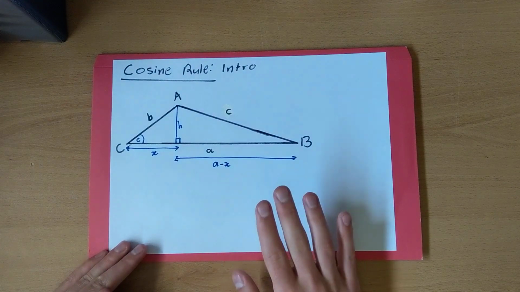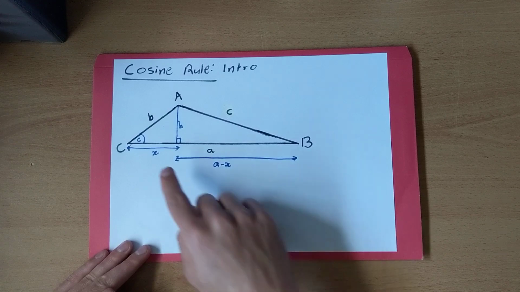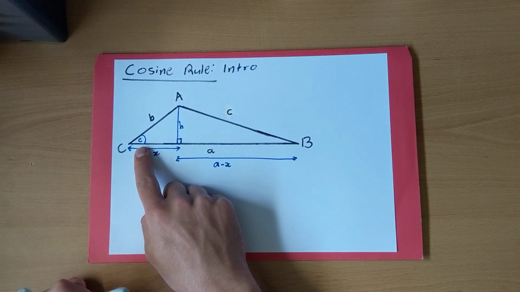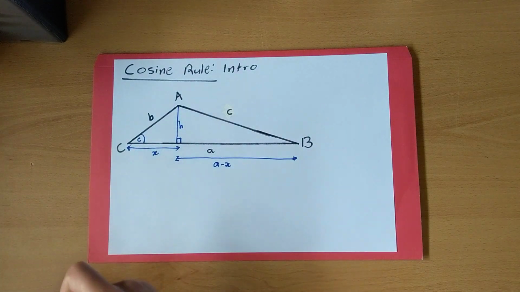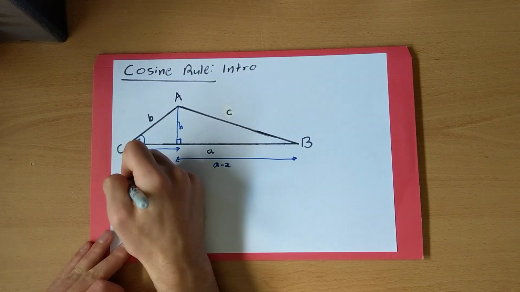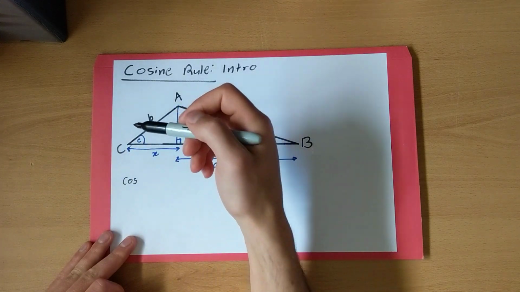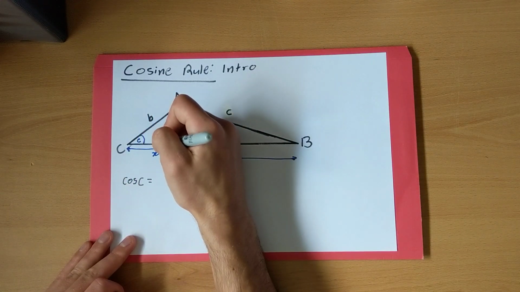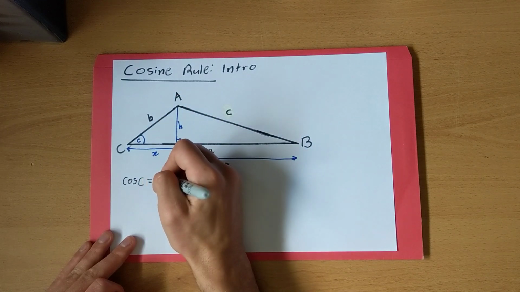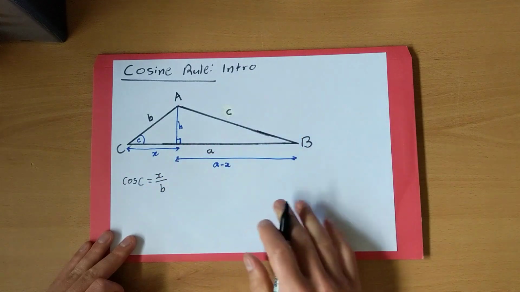We're going to use two tools as we develop this rule. One is the cosine of this angle. So let's work out what the cosine of that angle would be. Cos theta equals the adjacent over the hypotenuse, so cos C equals the adjacent, which is x, over the hypotenuse, which is b.